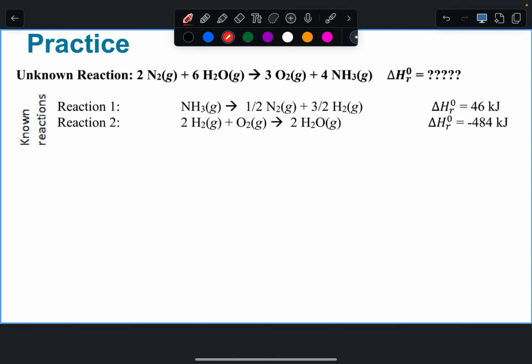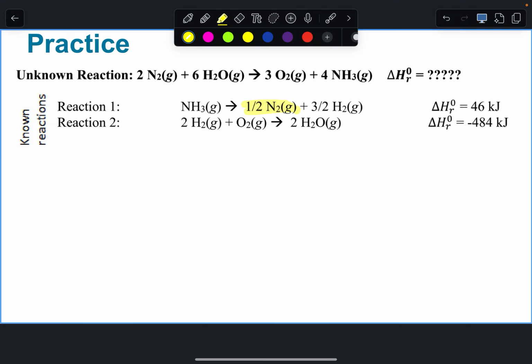I need to manipulate them to get 2 nitrogens on the reactant side. So when I skim through my known reactions, the only place where I see nitrogen is right here. Right? It's on the product side though. It's also only 1/2 mole, and I need 2 moles.